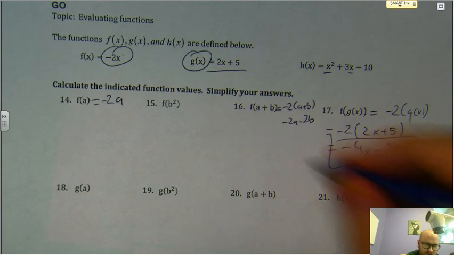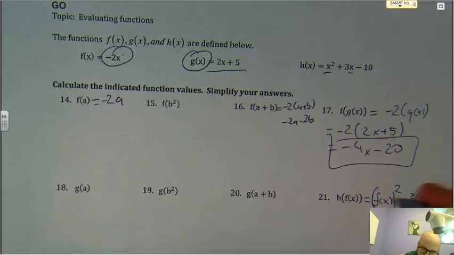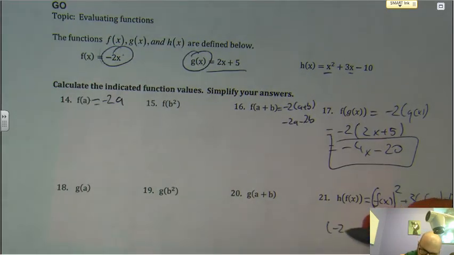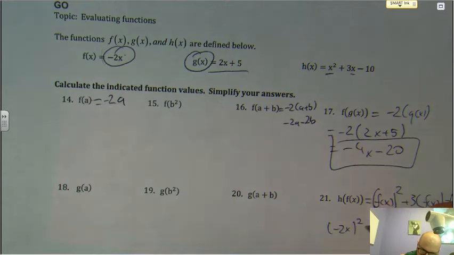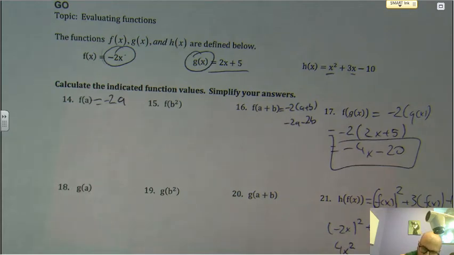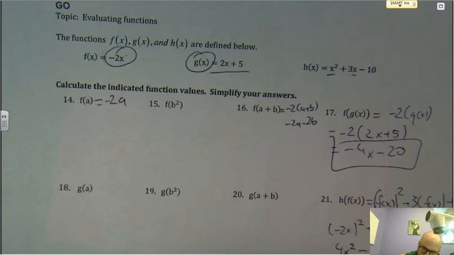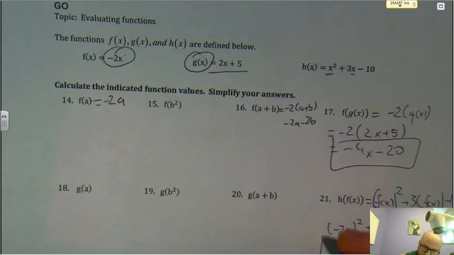But our f of x is -2x. So this is going to be -2x squared plus 3 times a -2x minus 10. So now I can simplify from here. -2 squared is 4, x squared is x squared. 3 times negative 2 is negative 6x minus 10. So that would be my answer there.